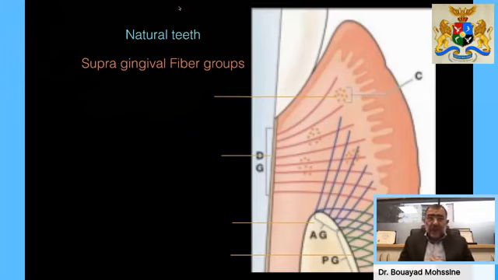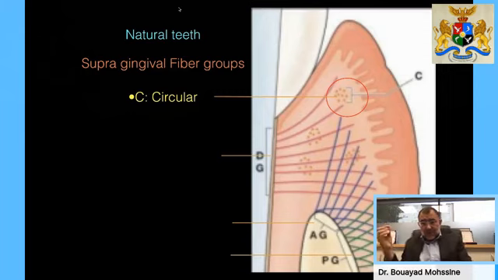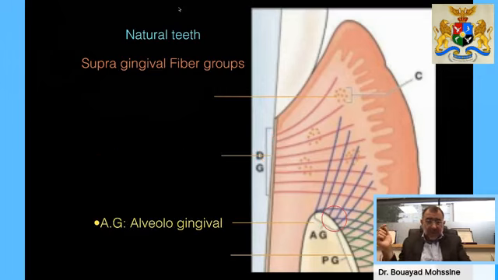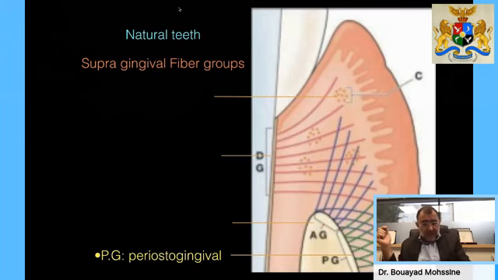If we want to compare natural teeth and implants, you have to know something about the biology. The natural tooth has some groups of fibers: supragingival fiber groups, here the circular fiber groups in the papilla, the odontogingival groups in contact with the cement of the root, and the alveolo-gingival fibers on the crest of the bone, and the periosteogingival.